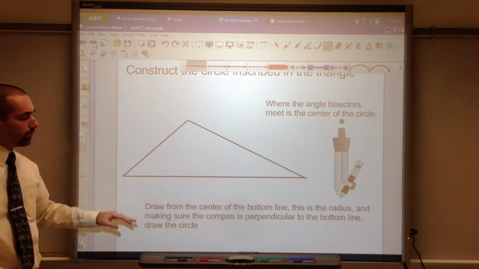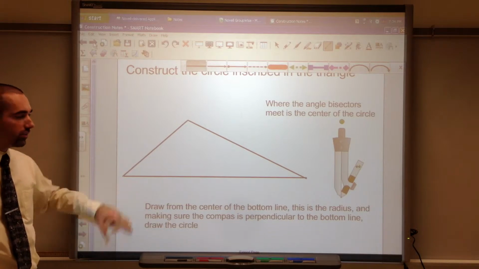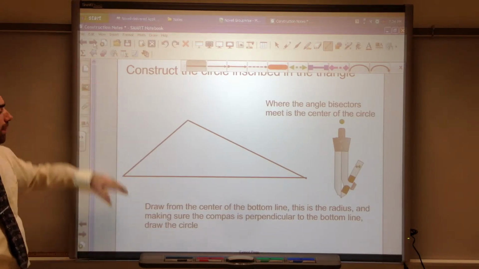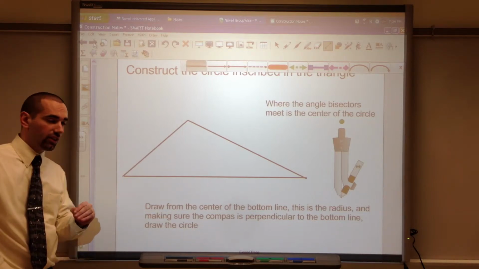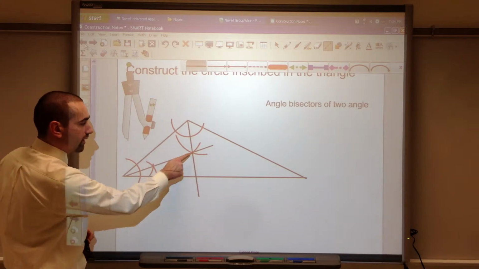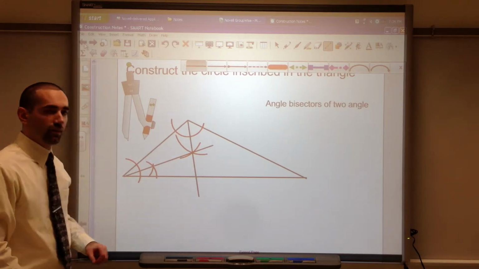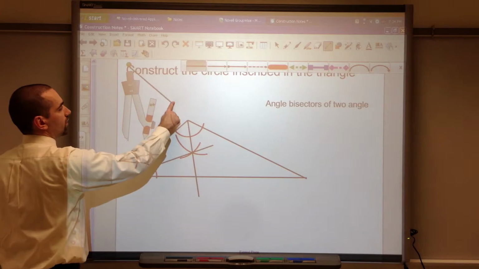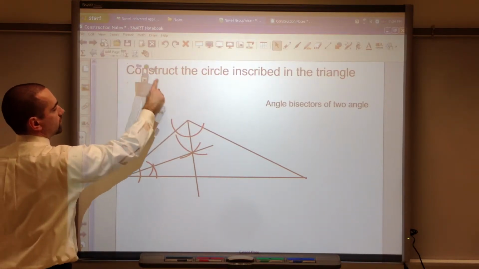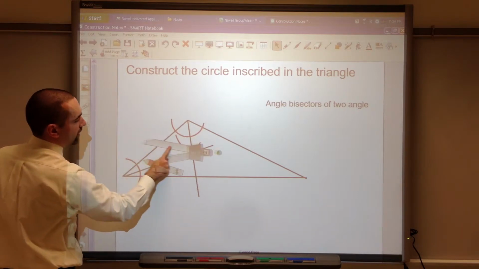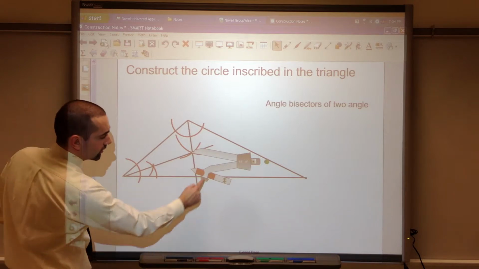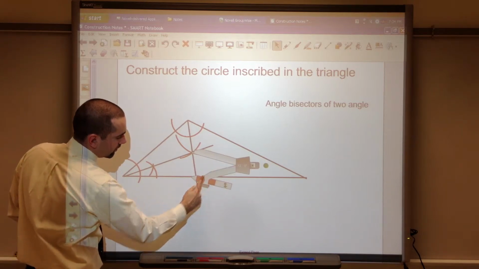We're going to draw from the center of the circle to the bottom line, and that's going to be the radius. Make sure the compass is perpendicular to the bottom line. We draw the circle. Notice how my compass is going straight down.